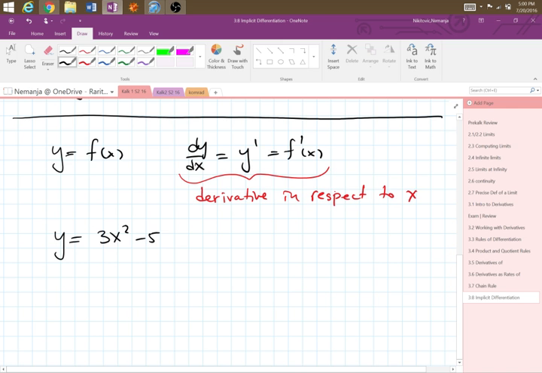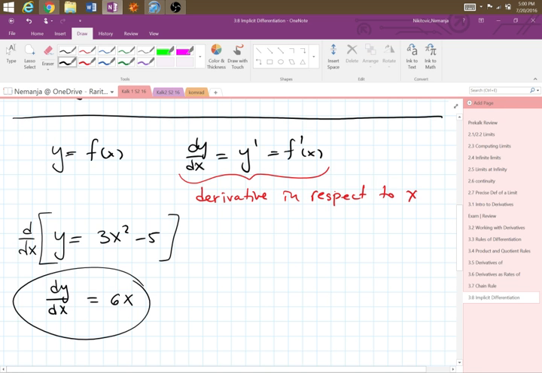And you are taking the derivative of the entire expression denoted this way. Well, when you apply the derivative to y, all you get is dy/dx, right? And on the other side, we are getting 6x, and then minus 5 is just 0. So we know what the derivative of y is.